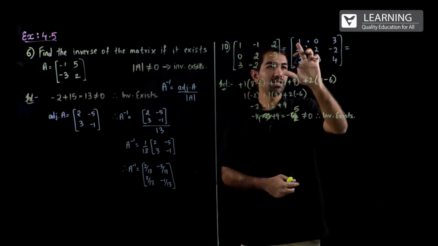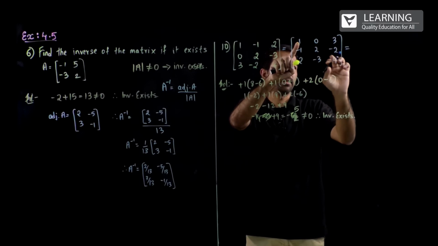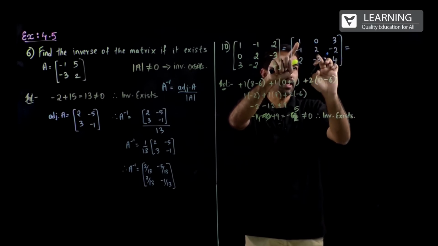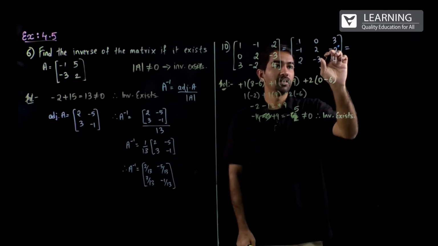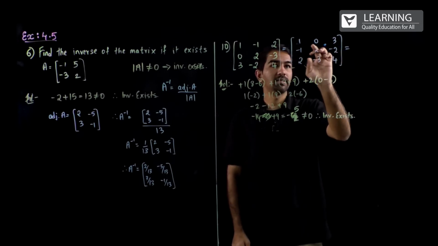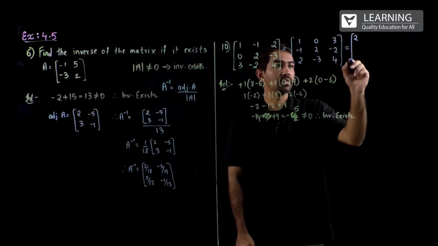So the minors for this would be, so this is plus, so this row and column is gone, 8 minus 6, 8 minus 6 is 2, 2 multiplied with the cofactor, so that is becoming plus 2 as it is.